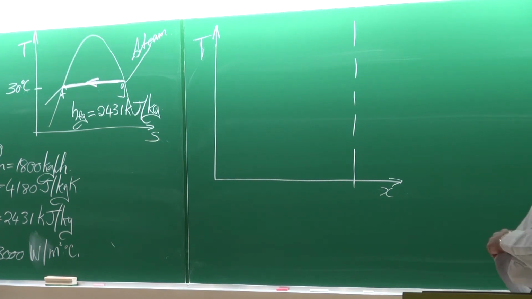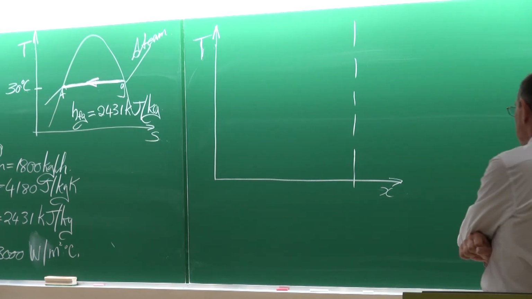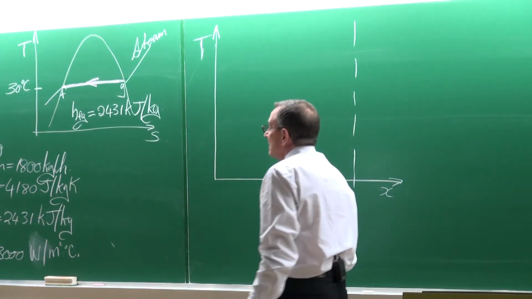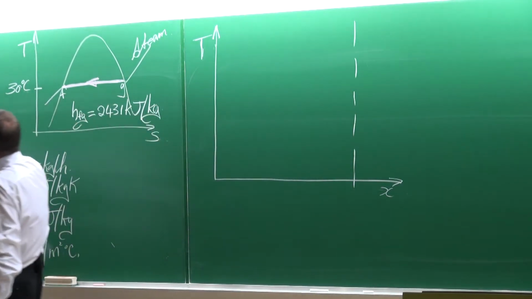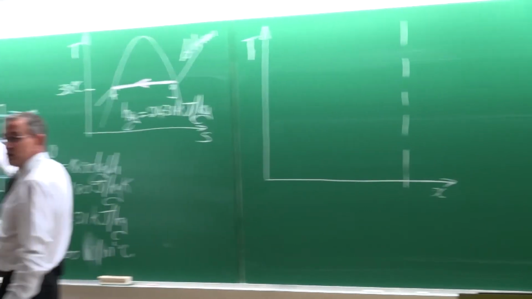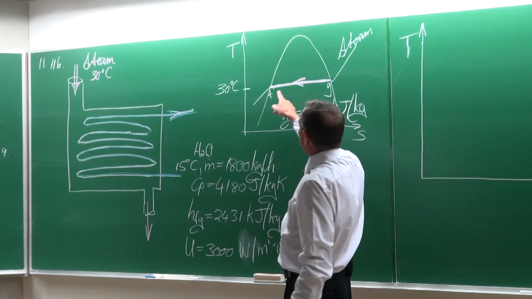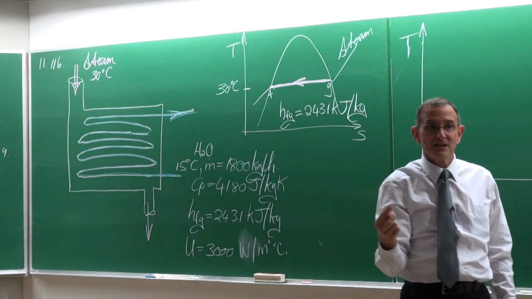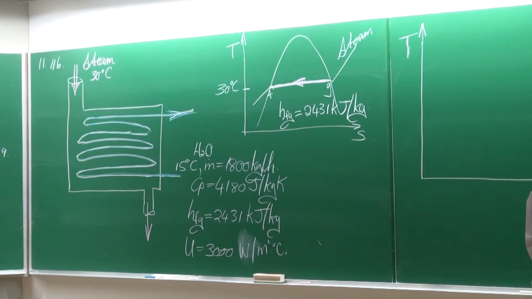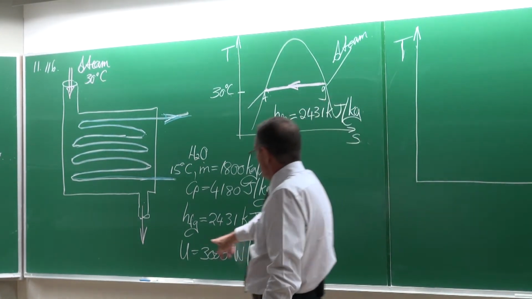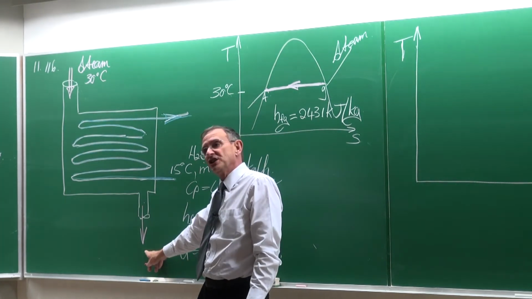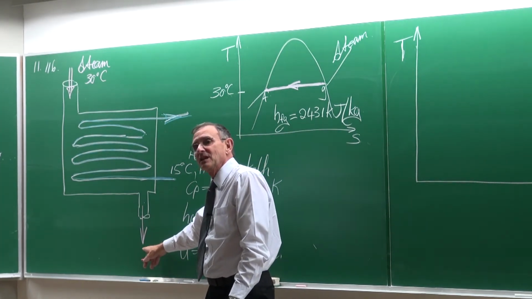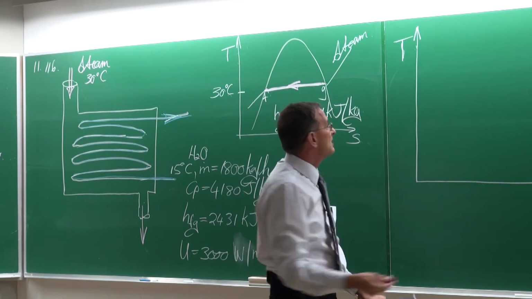Are you all with me? Okay. So it's very important to realize if we've got steam, it's condensing, the temperature remains constant. It means that although the outlet temperature is not given, it is logical that the outlet temperature should be 30 also.